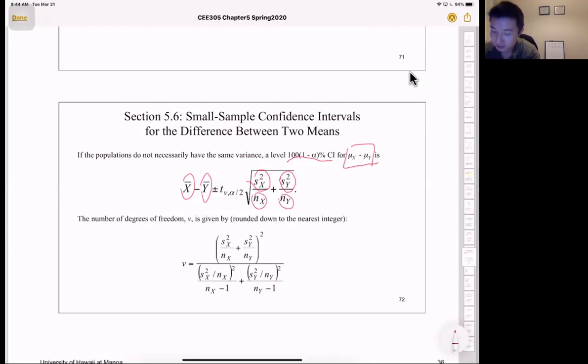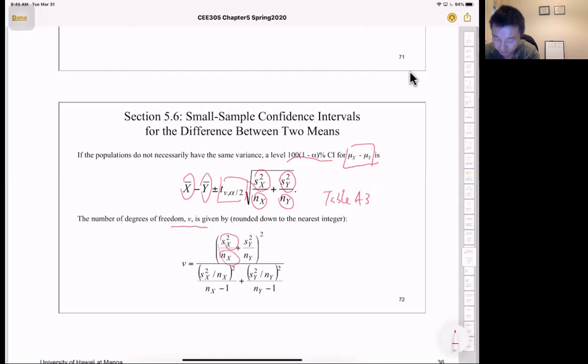And here is the t-value from table 8.3, Student's t distribution. The v here is the degrees of freedom, and that's the equation for v. The equation looks complicated, but it is a function of the sample standard deviations and sample sizes.